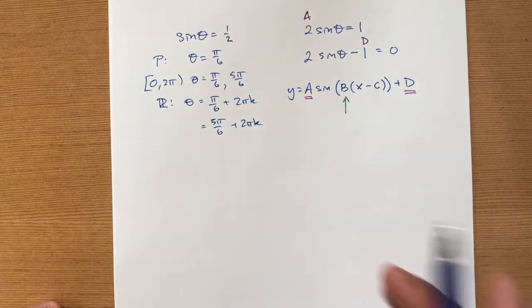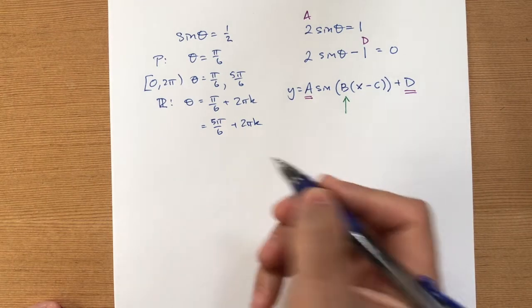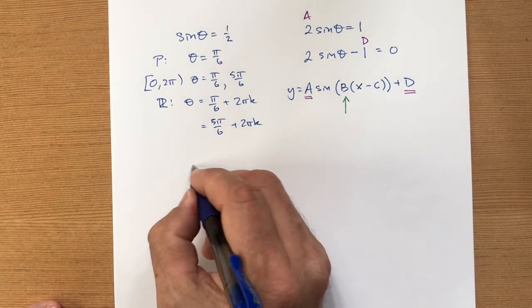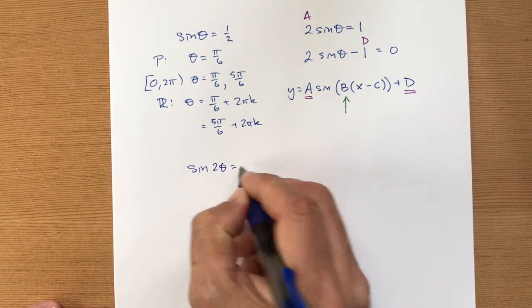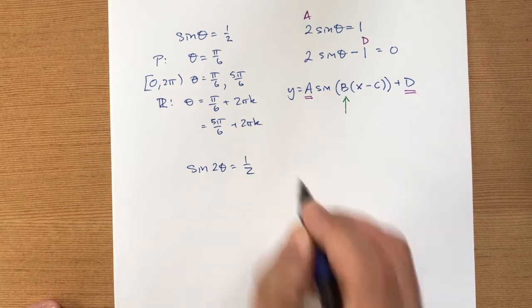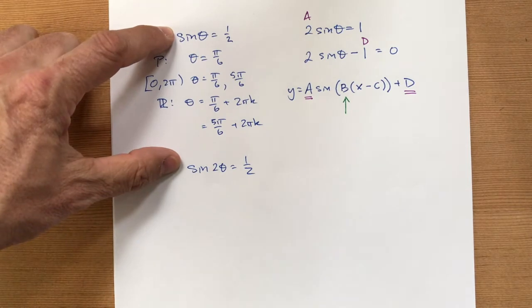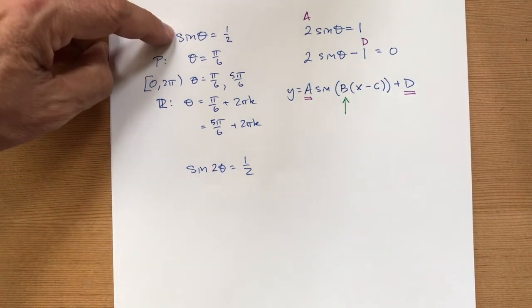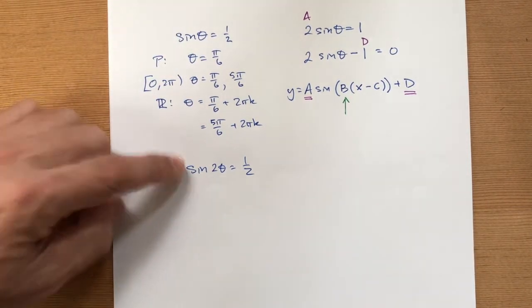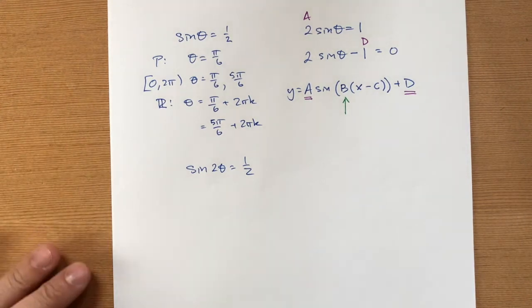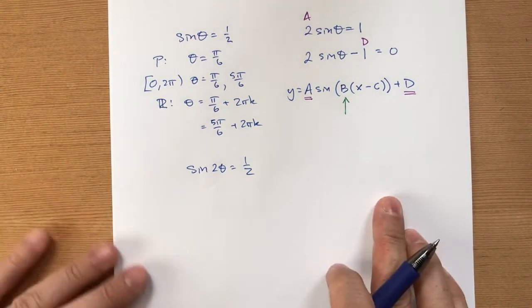Okay, so maybe that made sense, maybe it didn't. Well, let's just go ahead and start an example if we can, because unfortunately you can't ask me a question right now. So if I said the sine of 2 theta is equal to 1/2, okay? These two problems look almost exactly the same, but they're very different in the fact that the sine of theta and the sine of 2 theta are two different graphs. So let's make sure you understand here.